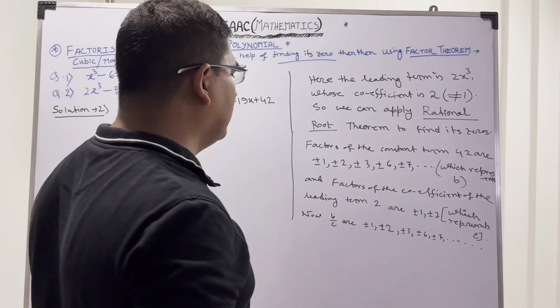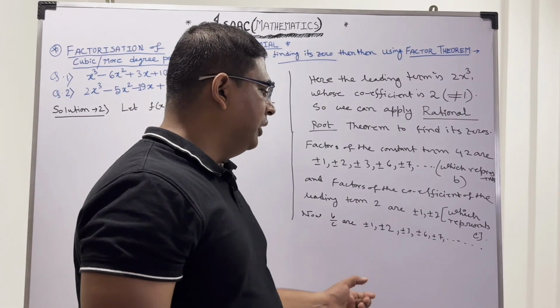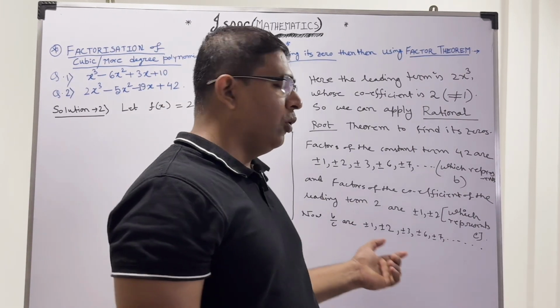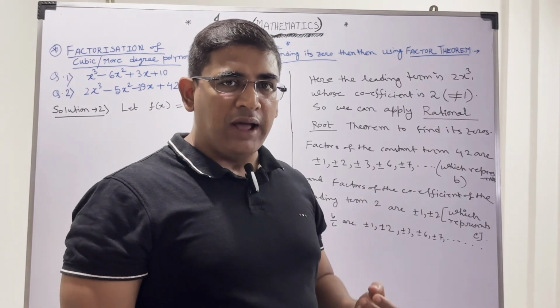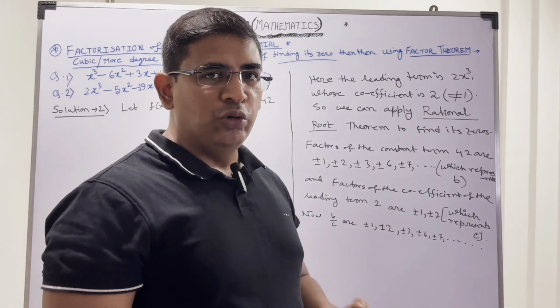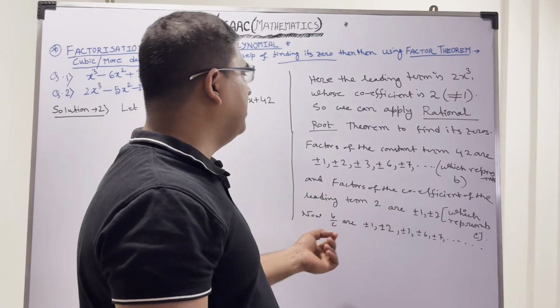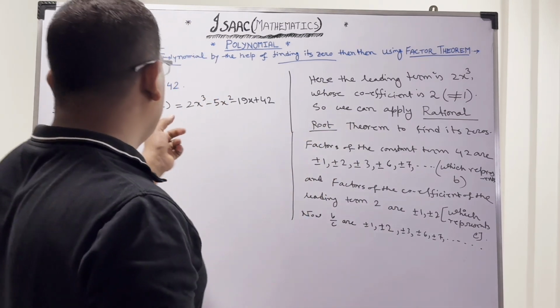There are so many values of B by C. We have to choose one or more values of B by C which will give the zero of this polynomial f of x. Okay.